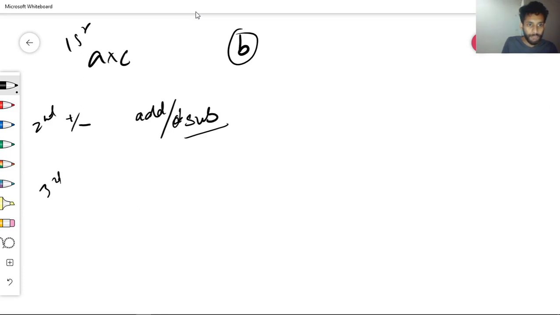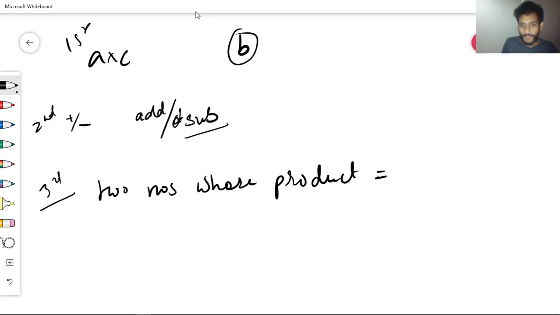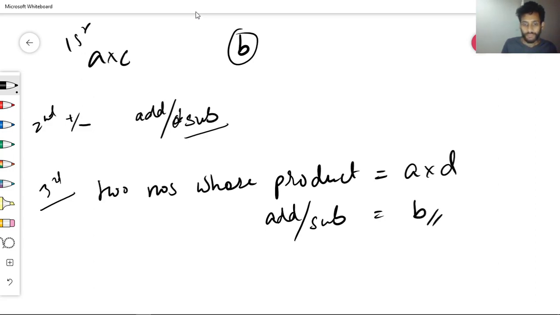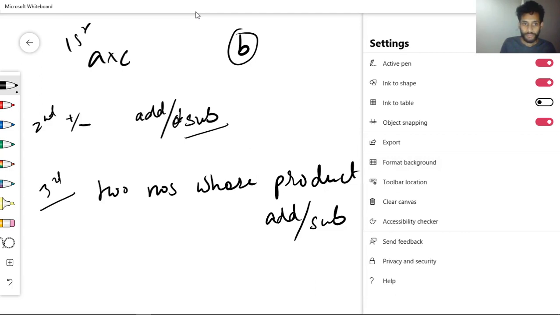And the third step will be finding two numbers whose product is equal to a into c, and whose addition or subtraction will be b. So this is the format, three steps.